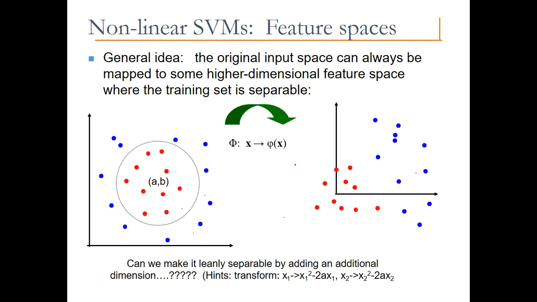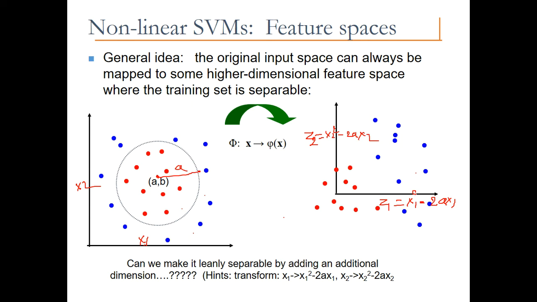This is another example of the same. This is x1, this is x2, this is z1. z1 is equal to x1 square minus 2a x1. This is z2 is equal to x2 square minus 2 times some constant a. Here the center is a, b, and a is, let us say, the radius of this circle.